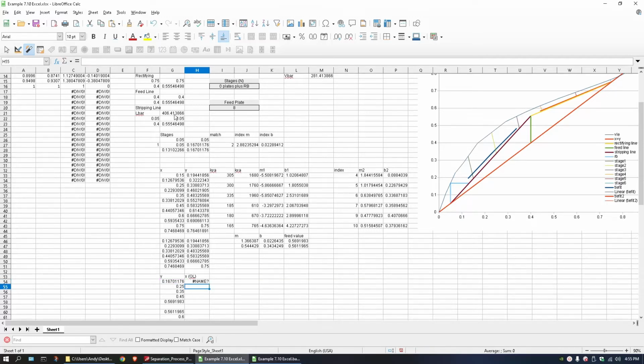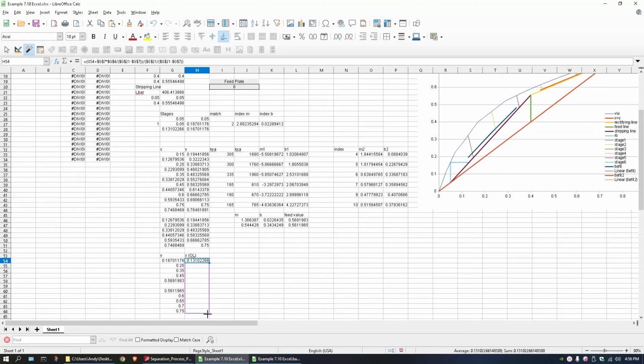So this is for the stripping line. Just take this, this will be our b. It's a negative, so we'll switch that in here. This is going to be a negative, so it's actually going to be a plus. And then we'll get our m and put that in here. Let's get our x. So 0.13 looks about right. So that's our x on the operating line.